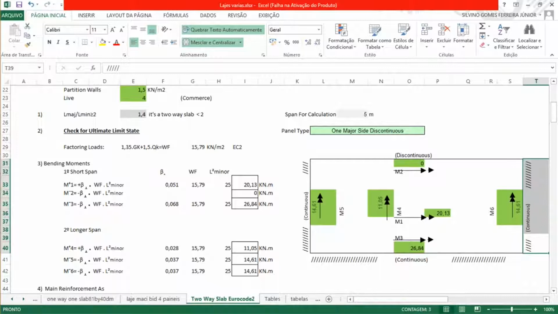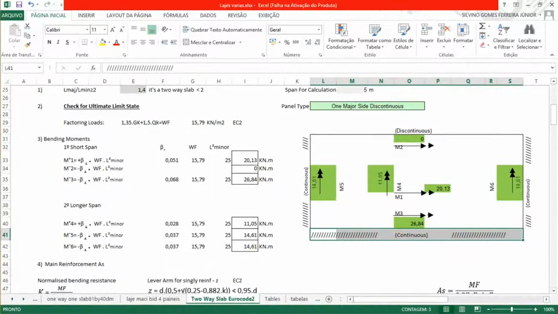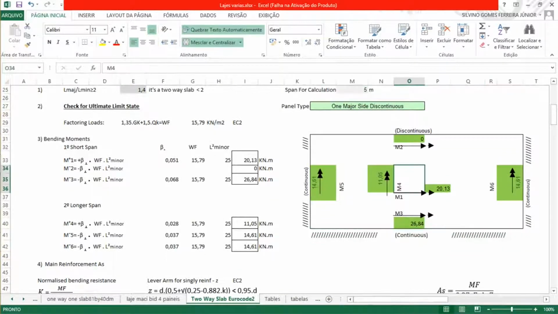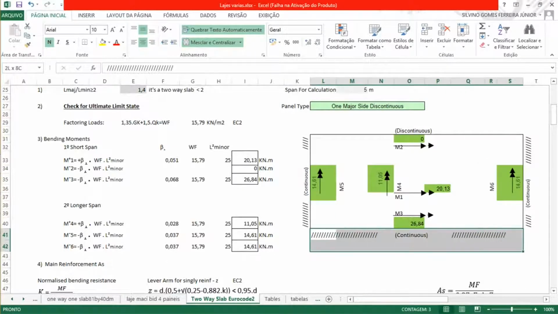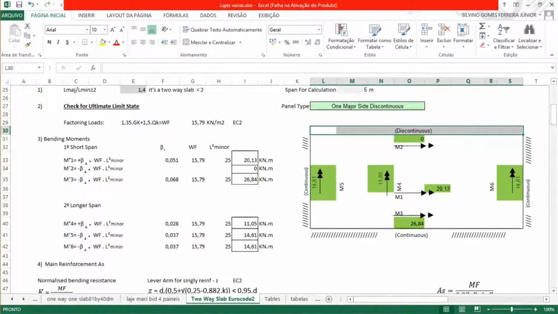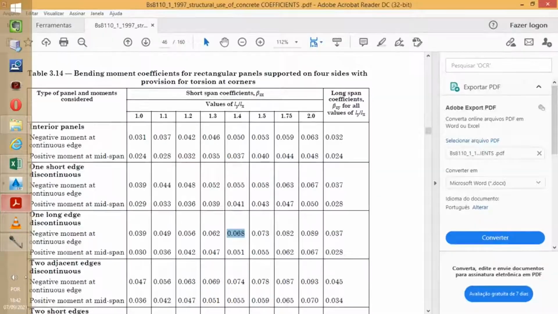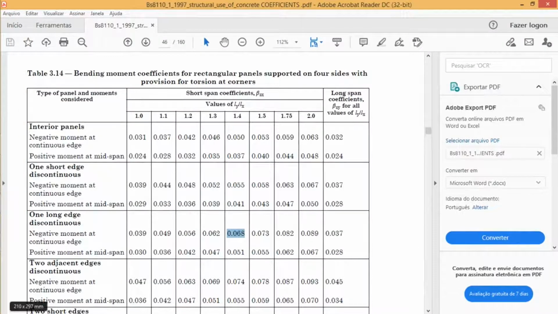Now for the longer span on this slab, we have M4, M5 and M6. M4 is the middle span related to the longer side. It will be a positive moment, so we go to the table. Positive moment at middle span, 1.4.